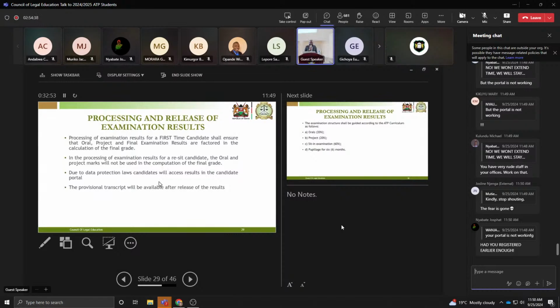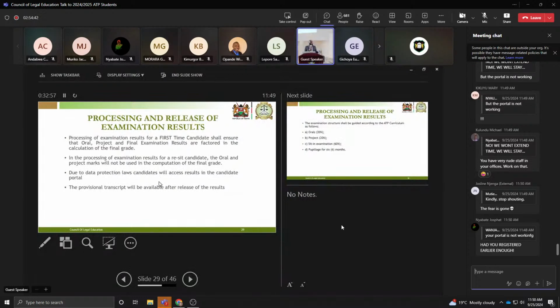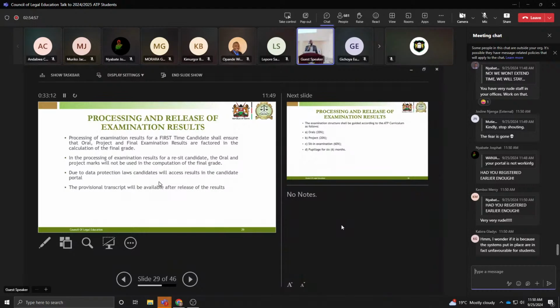After that, once we have processed results, the next thing is releasing them. So we release the results. Now, due to data protection laws, nowadays candidates are requested to access their results in the candidate portal. We no longer publish those results.